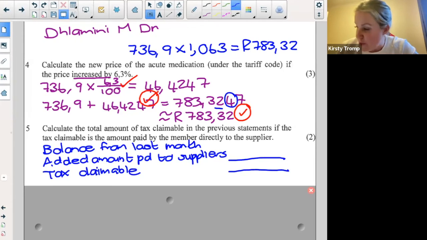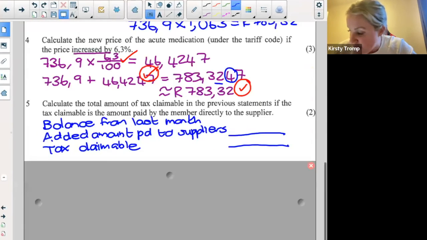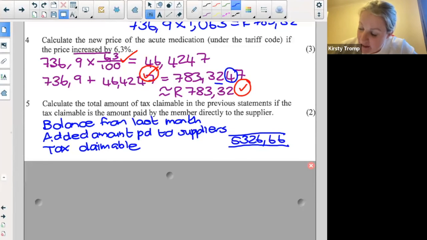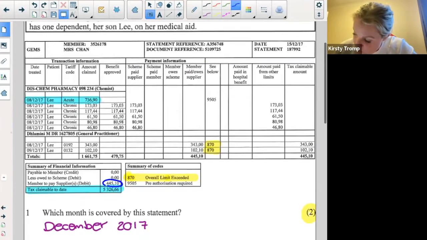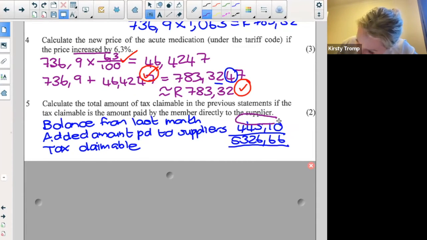So if we look, the tax claimable was 5,326 rand and 66 cents. The amount that we added was 445 rand and 10 cents. What they're looking for is to know how you get that figure over there.